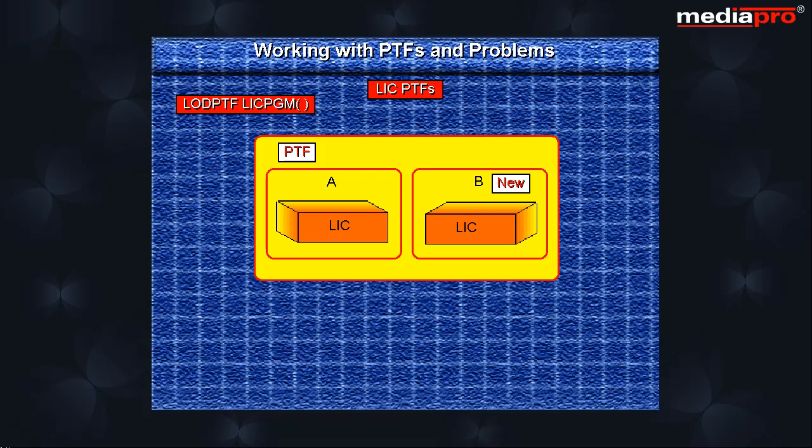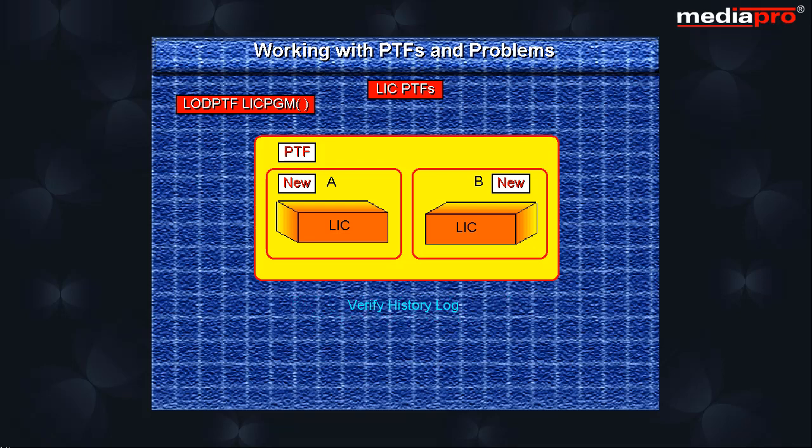For the system to use the temporarily applied PTF, the system has to be restarted, specifying the IPL source as B. To apply the PTF permanently, ensure that the IPL was performed from the B side and specify *PERM on the apply parameter. To use this permanently applied PTF, the A side should be specified as the IPL source. It is necessary to apply the licensed internal code PTF temporarily before it can be made permanent.